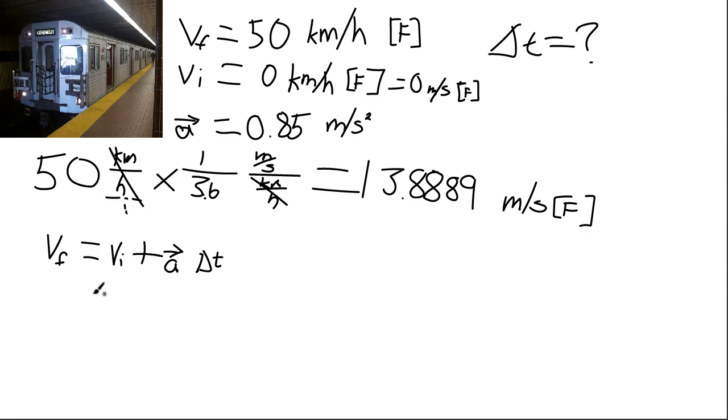And now we'll substitute in the variables.